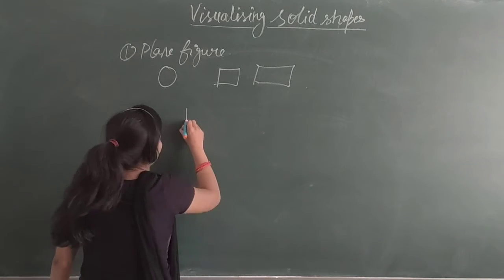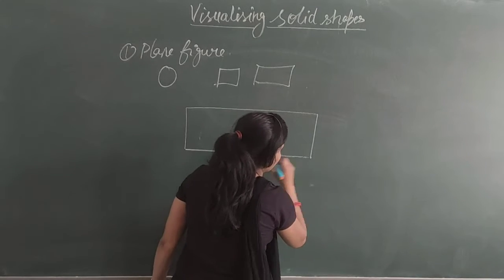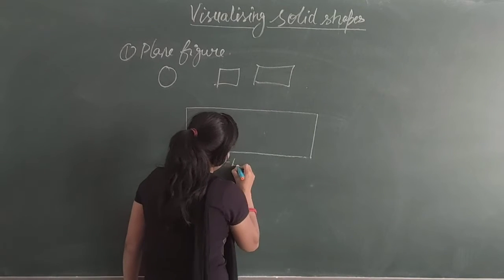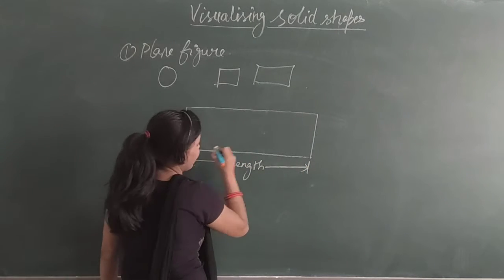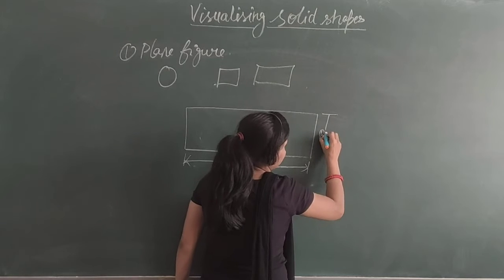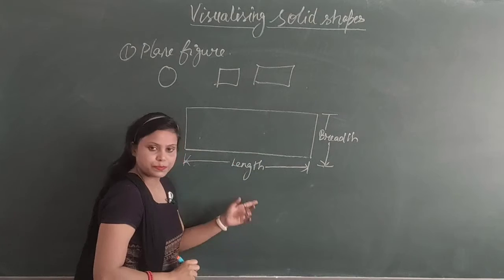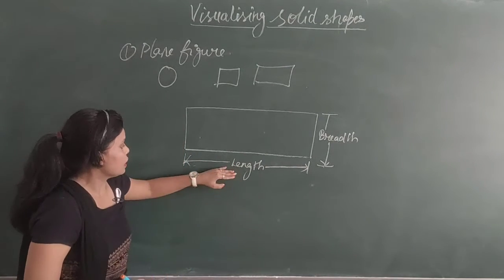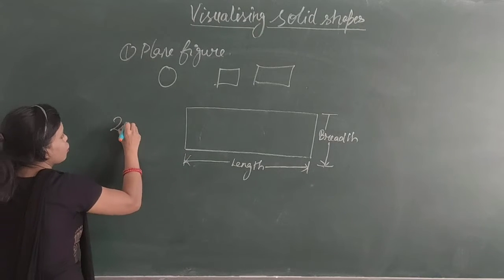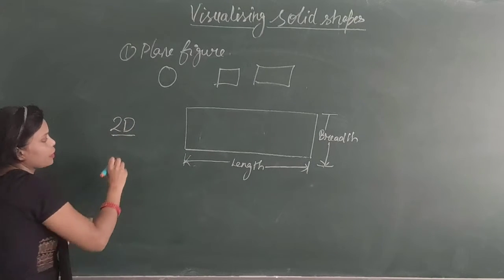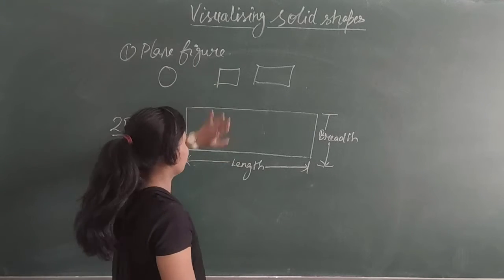That means if I talk about a rectangle, it has length and it has breadth. Right? There are two planes. These figures are also known as two-dimensional, or we can say 2D figures. Okay? So 2D figures are plain figures.